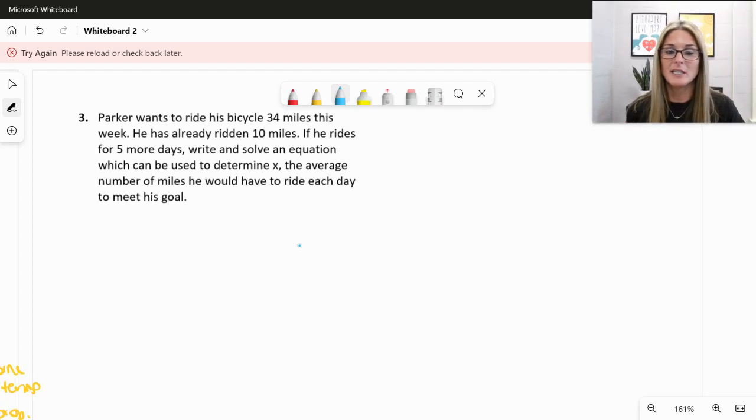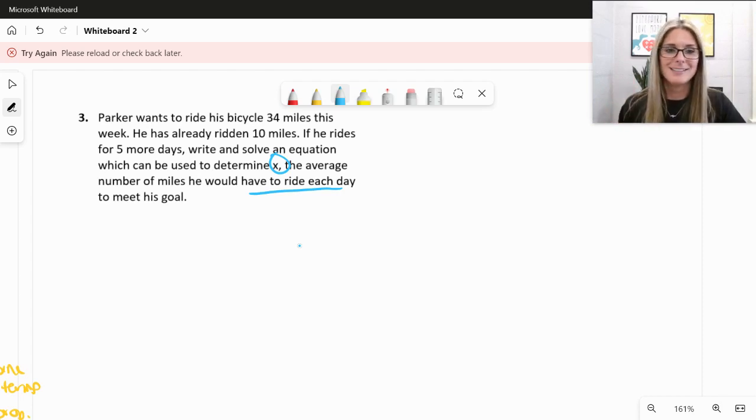On the second page, we have one last example, number 3. Parker wants to ride his bicycle for 34 miles this week. He's already ridden 10 miles, and if he rides 5 more days, write and solve an equation which could be used to determine X, the average number of miles he needs to ride each day to meet that goal. Okay, so he wants to reach a goal of 34 miles for the week, already ridden 10, plus 5 more days, a certain amount of miles each of those 5 days.